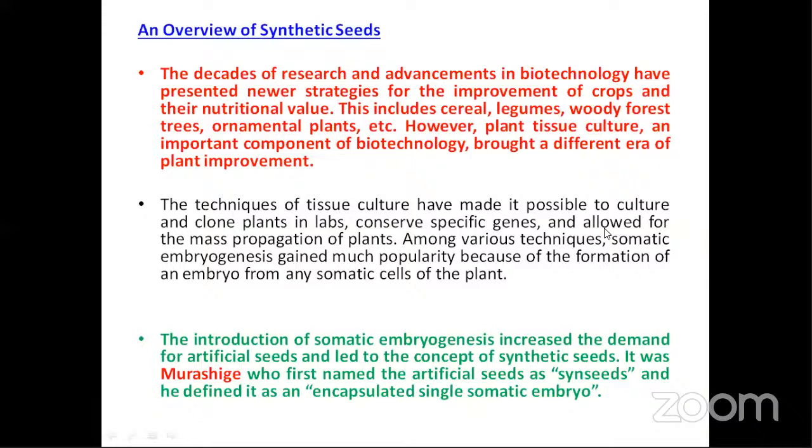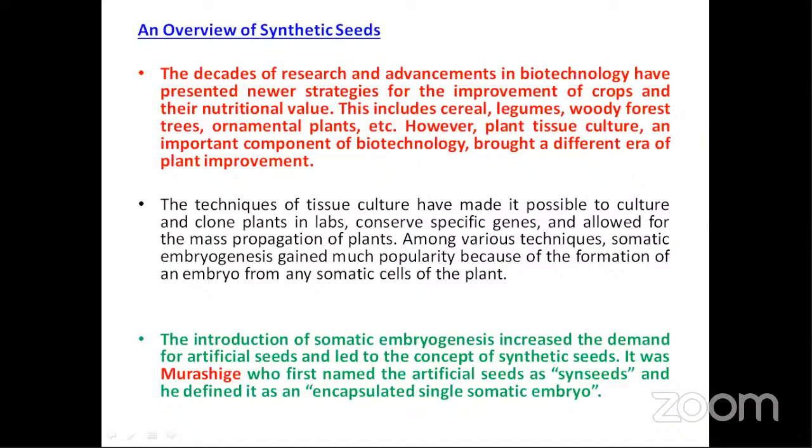For the improvement of crops and their nutritional value, since decades, research and advancements in biotechnology have presented newer strategies in agriculture, horticulture, and as well as in forestry species. However, plant tissue culture, an important component of biotechnology, brought a different era of plant improvement. Among all the techniques used in tissue culture for the conservation of specific genes and for mass propagation, the somatic embryogenesis techniques gain much popularity because of the formation of an embryo from any somatic cells of the plant.